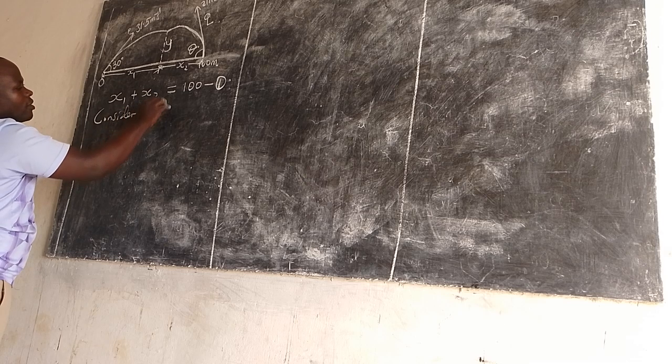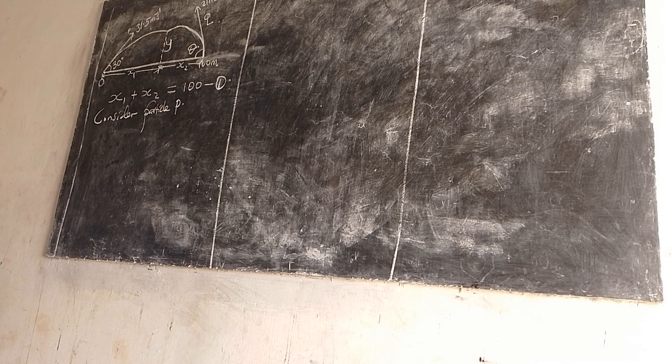Now, if I consider my particle P, I have the angle of projection, I have the initial speed, and I don't have the distance. So basically, I must use the second equation of motion.